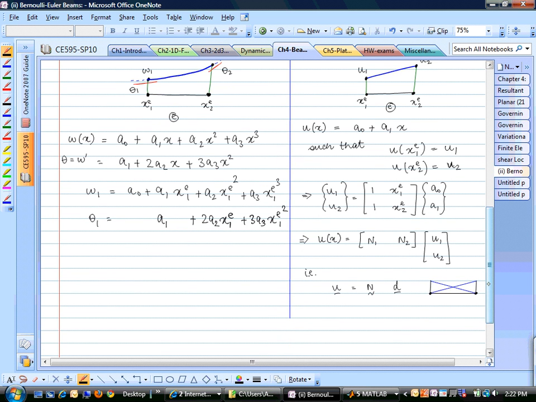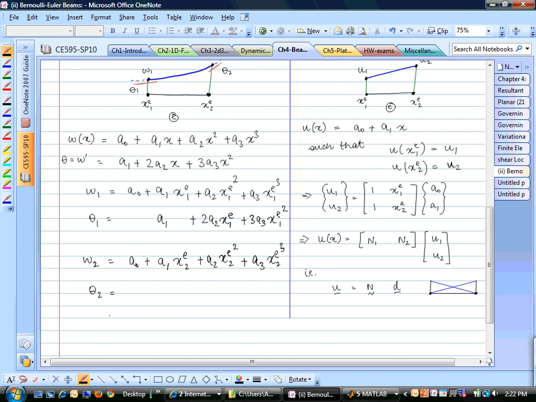And similarly, you will have W2, which is the displacement at the second node. That gives me A0 plus A1 x E2 plus A2 x E2 square plus A3 x E2 cube, and theta 2. So each element for a Bernoulli Euler beam, instead of having 3 degrees of freedom per node, it has 2.